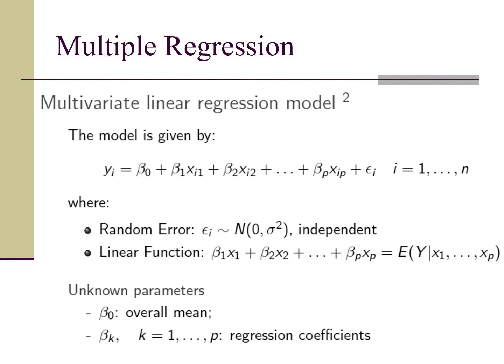So the model equation here is going to be: your y sub i, for a given case, is going to be beta 0, that's the intercept, plus beta 1, the first coefficient, times x i1, the observed value of the ith case for the first variable, plus beta 2 times the ith case for variable 2, and so on, all the way to beta coefficient p times the x value for the ith case of the pth independent variable, plus some randomly distributed error.